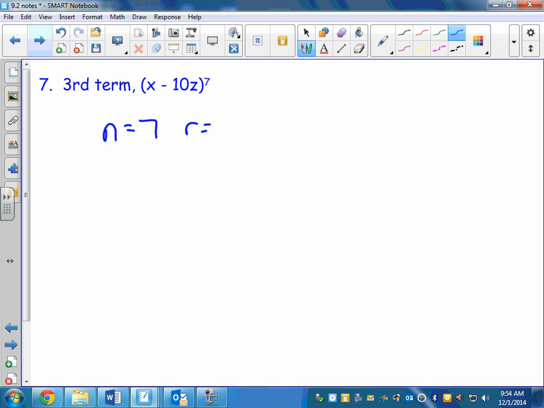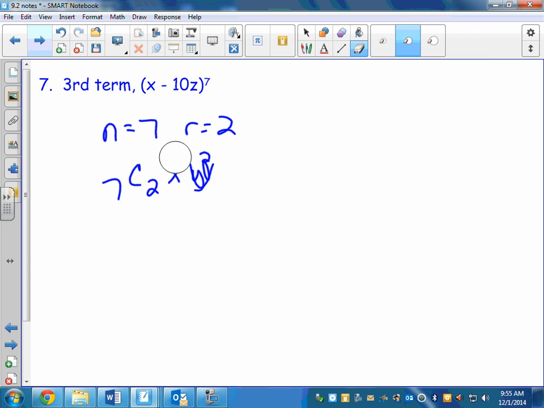So r equals 2. And if you know that, then very easily we can say it's 7 choose 2, x to the third, y to the, no, I screwed that up. What's n minus r for? It's x to the fifth, right? y to the second. Because it has to add up to 7, right? So if the power on y is 2, then this has to be 7 minus 2.